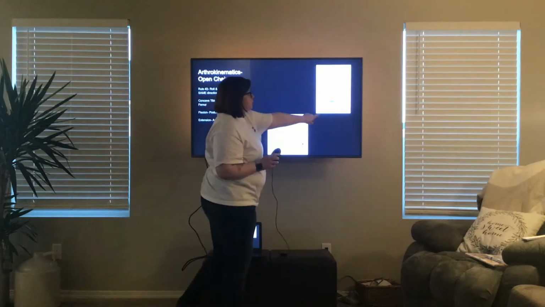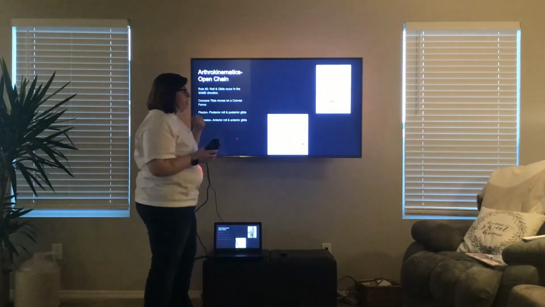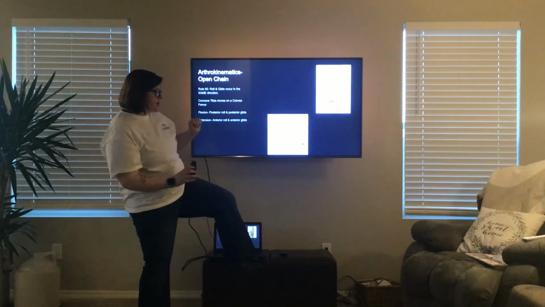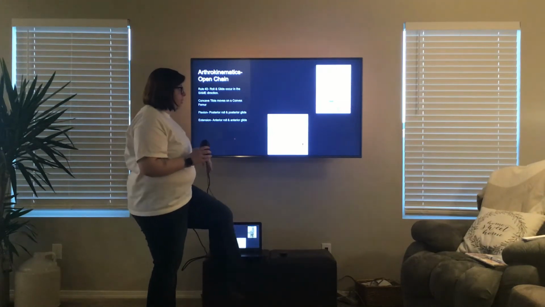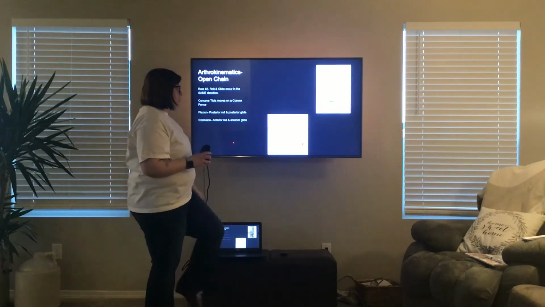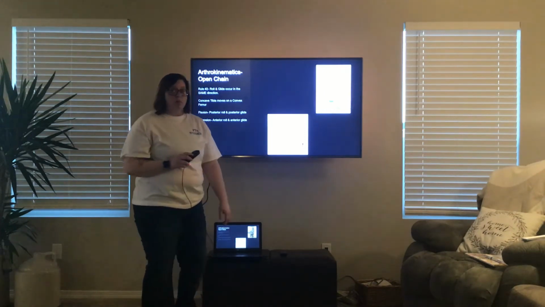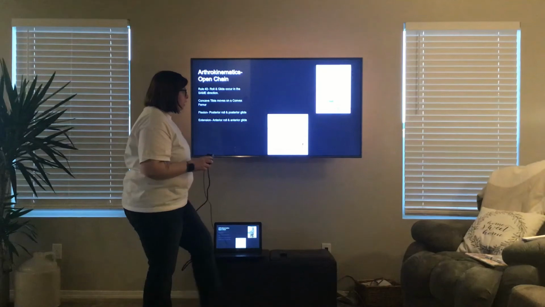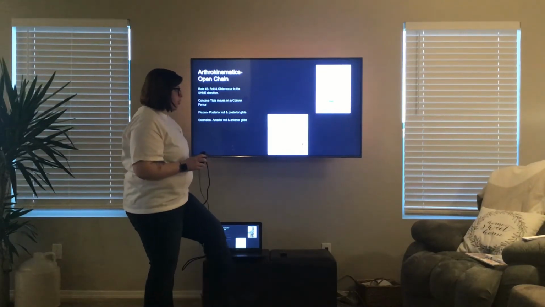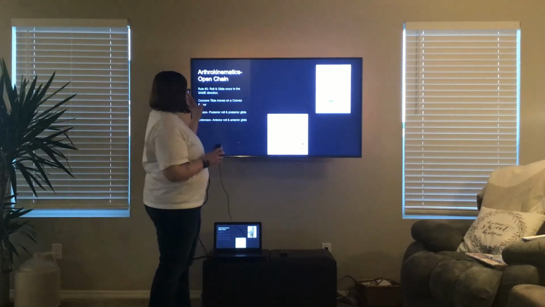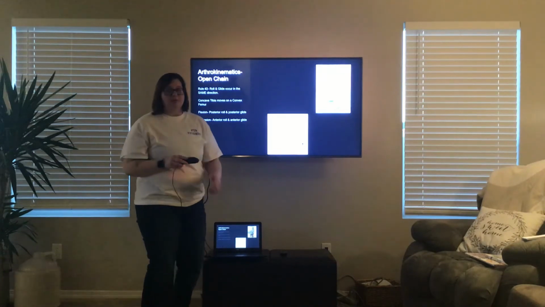I have a picture of extension right here, so you can visualize going from here to here. It is going in the same motion. For an exercise, you can do your long arc quads because you're working in an open chain motion, so your arthrokinematics are going to be moving in the same direction.